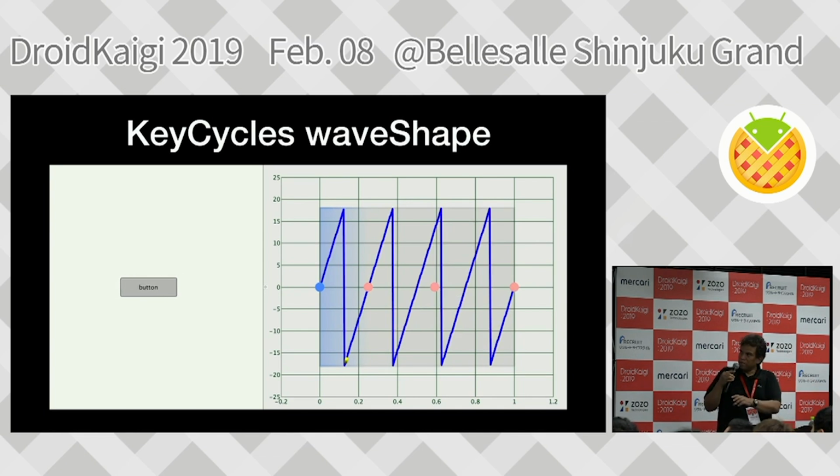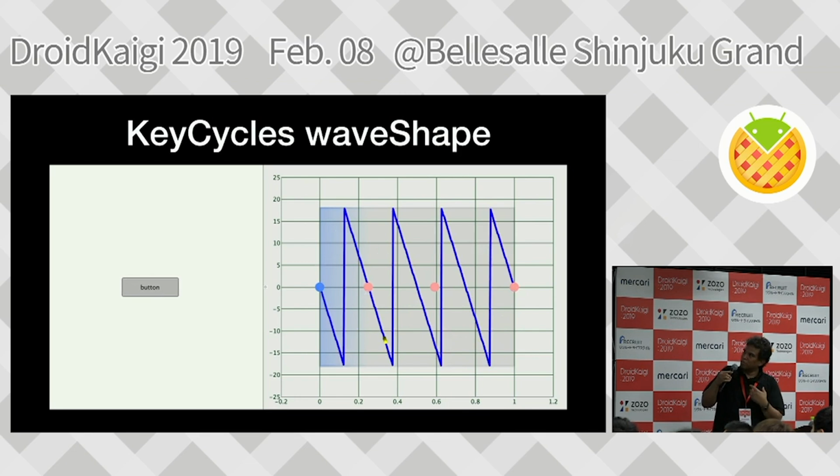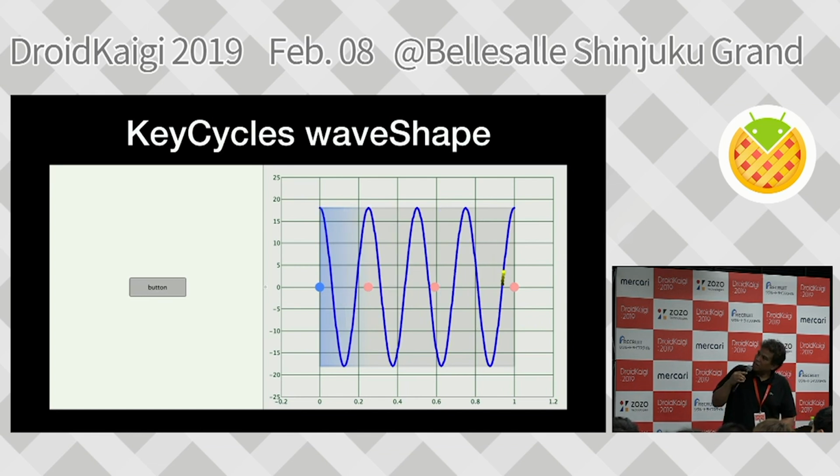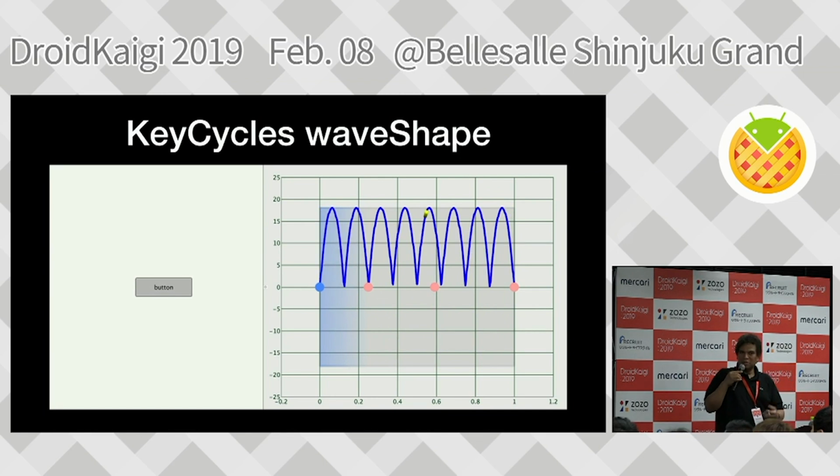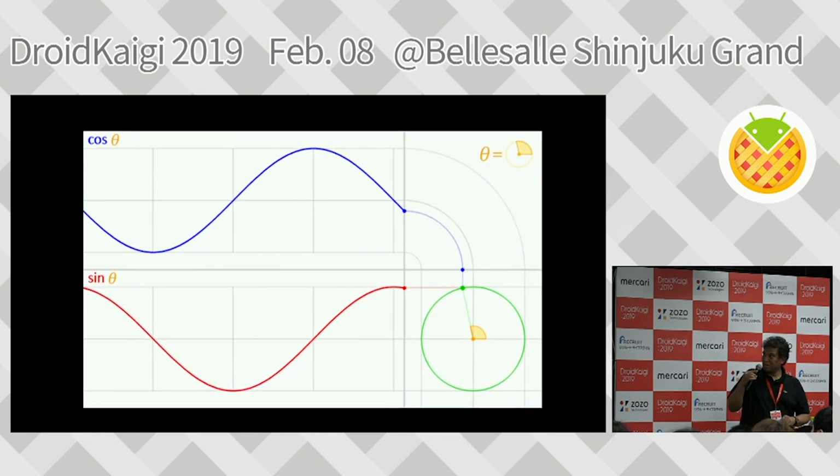And if you need to go in the other direction, there's a reverse ramp, which would move you the other direction. Then there's a cosine wave, and you'll understand why we have a cosine wave later. And then the other one is a bounce. The bounce is unique in that it operates only on the top half, and it produces that bouncing motion that can be useful. So why do we have sine and cosine?